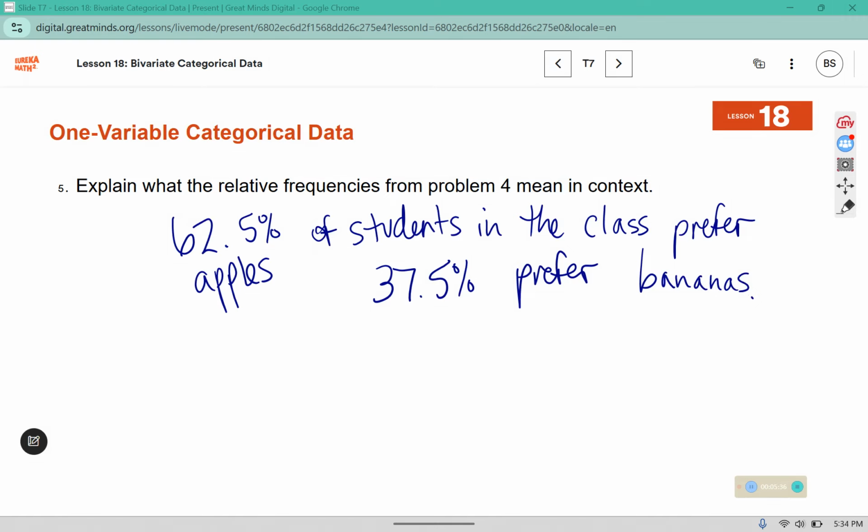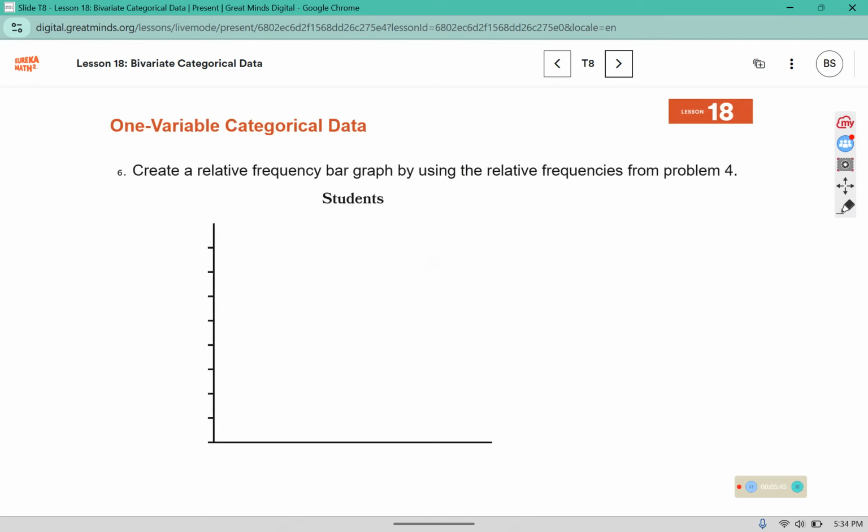We can place the relative frequency data in a bar chart as well, or a bar graph as well. So we'll do that here.